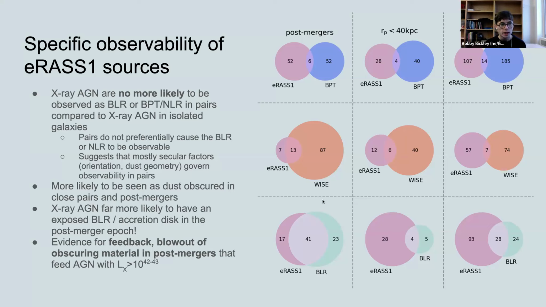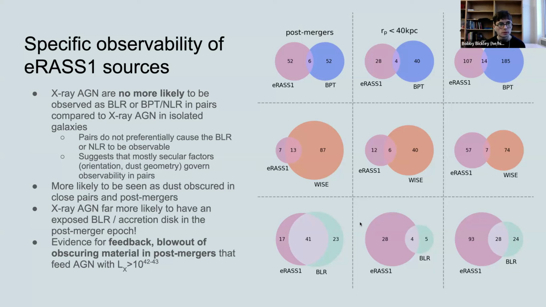I think one of the most striking results that we see in this study is this really strong connection between broadline galaxies and specifically the post-merger epoch. So the X-ray AGN in our sample are far more likely to have an exposed broadline region or accretion disk in the post-merger epoch.